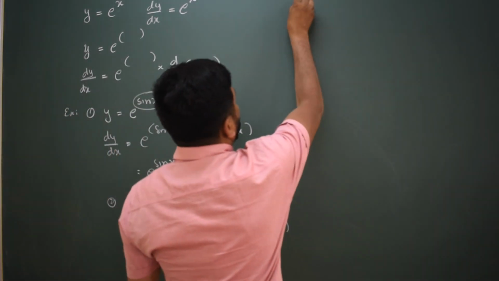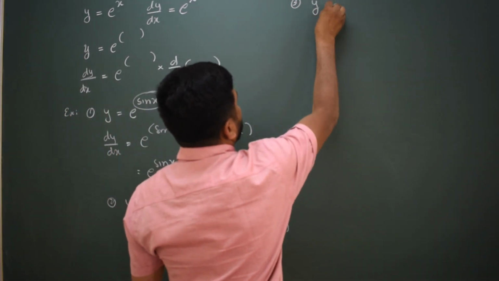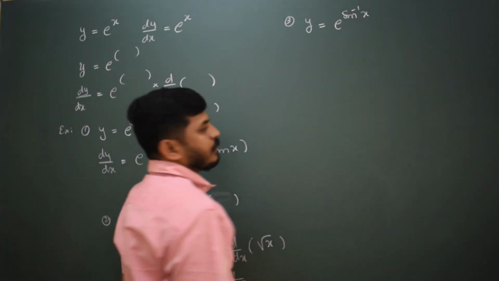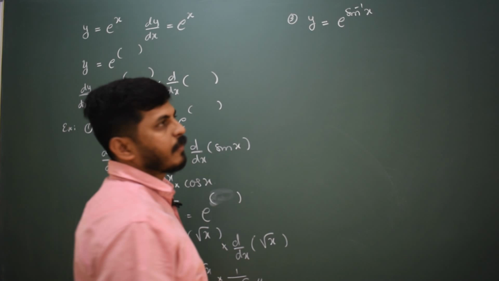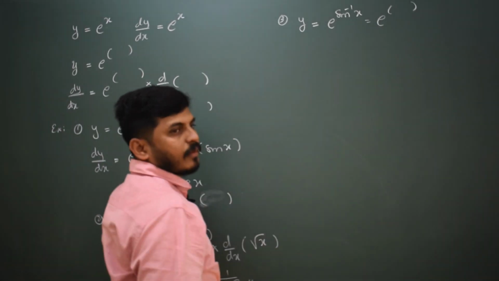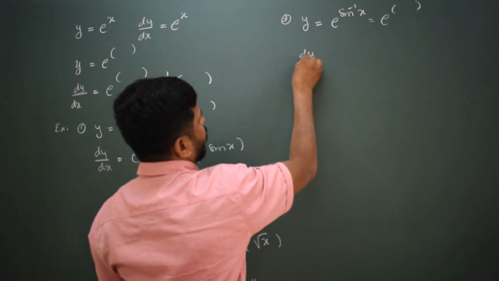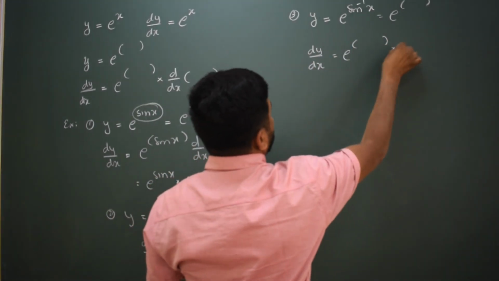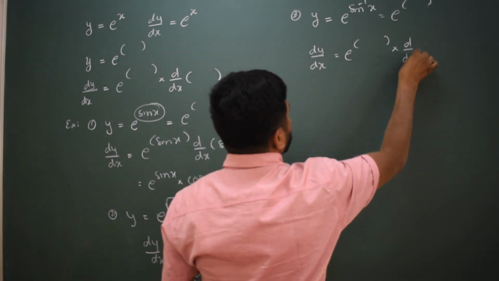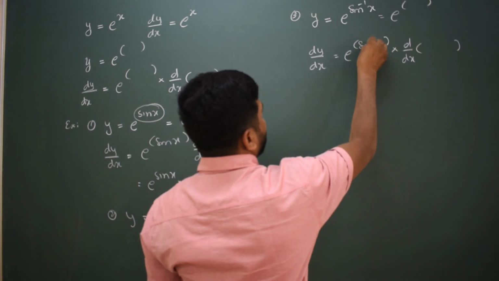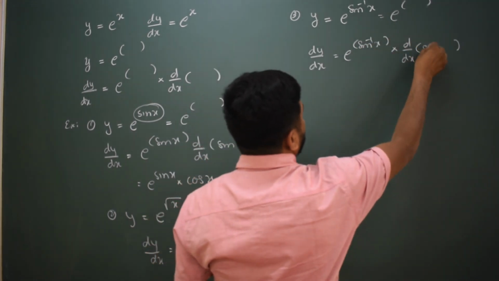Similarly, y is equal to e raised to sin inverse x. How to read this one? This is equal to e raised to something. What is differentiation of e raised to something? It is e raised to something into d by dx of something. What is something here?